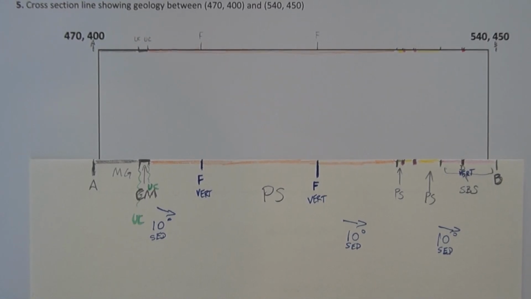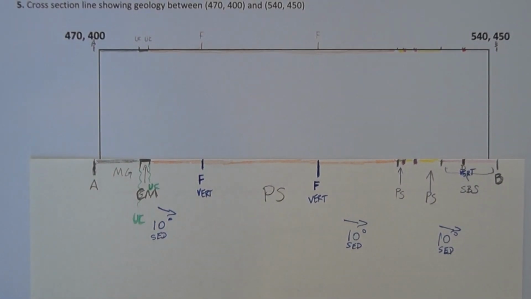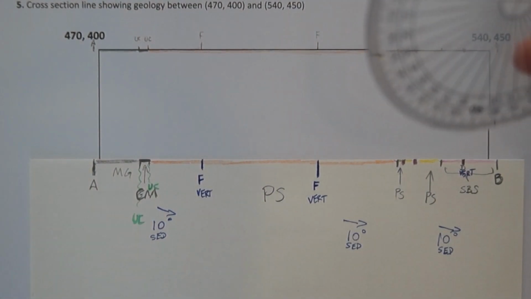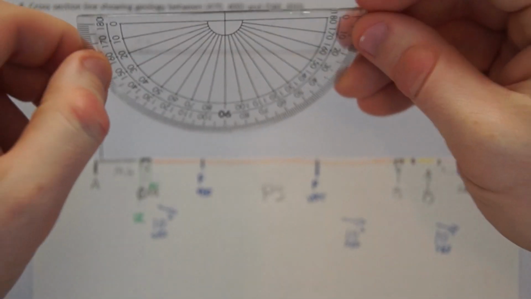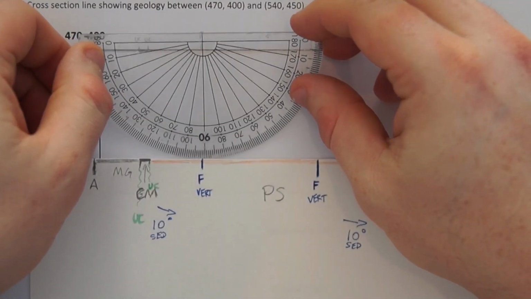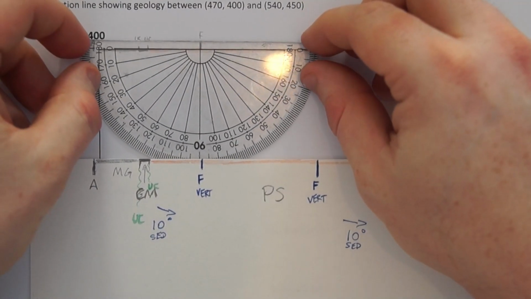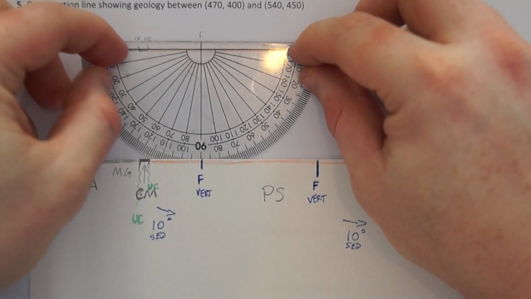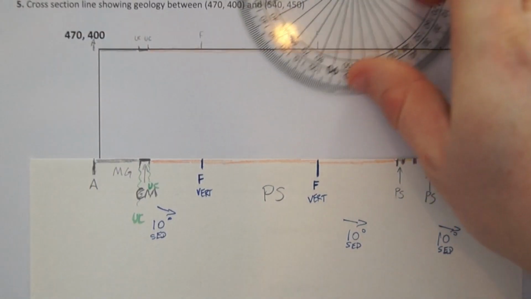Okay, so next thing that I need to get out of my toolbox is my protractor. And then let's start drawing some angles for the order in which we're going to draw our youngest things first. We've already established that the youngest things based on cross-cutting relationships are the faults.